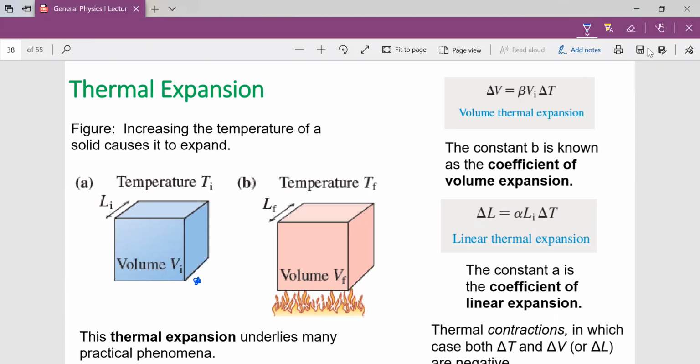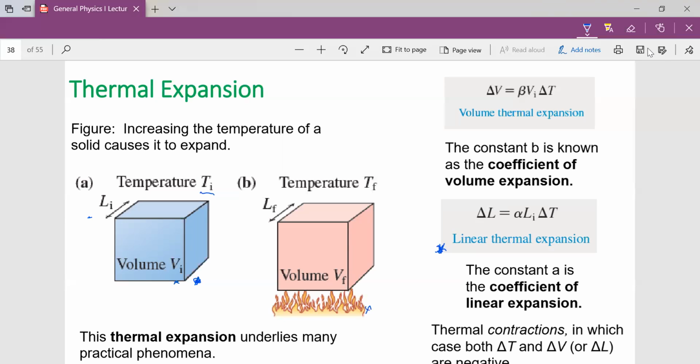It has a temperature T1, and then it has the linear part L1, which we will later term as linear thermal expansion, that is the length. We'll have the volume V1 for this box when it was cooled.